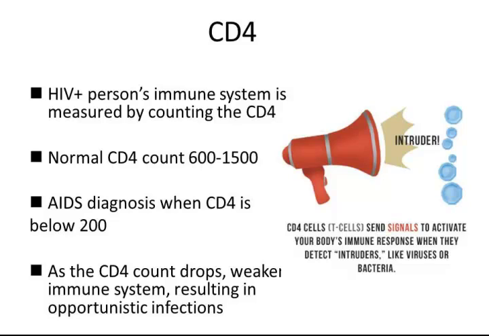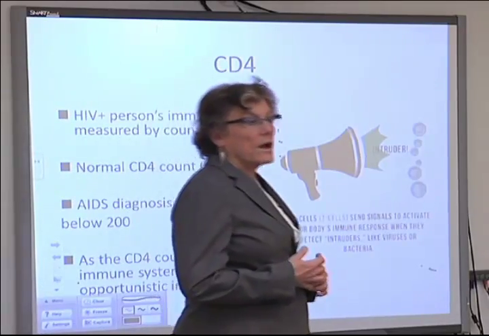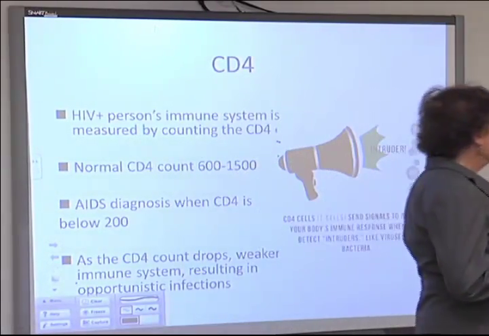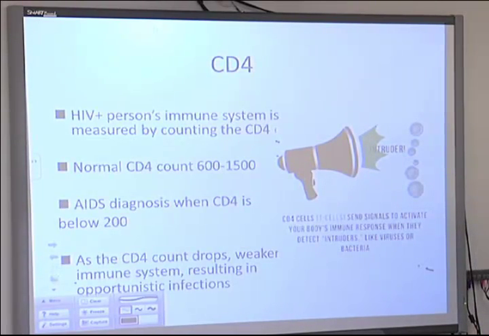An AIDS diagnosis is when a client's CD4 or T cell count is below 200. And as the CD4 count drops, the weaker immune system then results in opportunistic infections such as pneumonia, Kaposi's sarcoma, and many other ones.